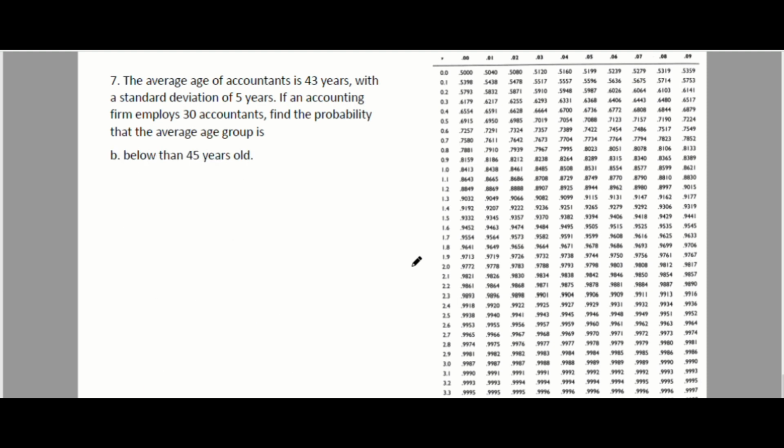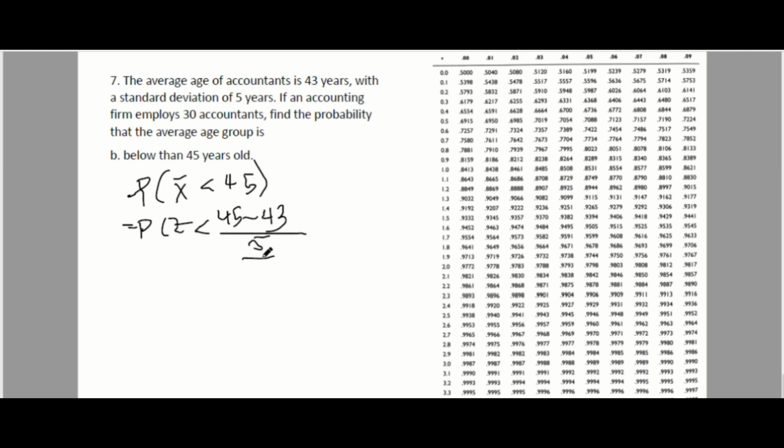Now, what is the probability that the mean, the average age of these 30 accountants, is below 45 years old? Okay, so we're talking about the mean, below 45. Z less than 45 minus 43 over 5 divided by square root of 30.